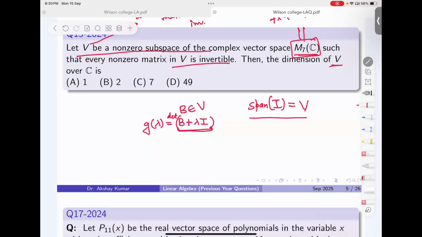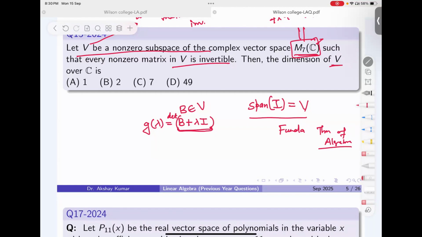this is a polynomial. Now we are in the complex field. Do you know the fundamental theorem of algebra? Every polynomial of degree n in the complex field has exactly n roots, but that is not valid for real numbers.